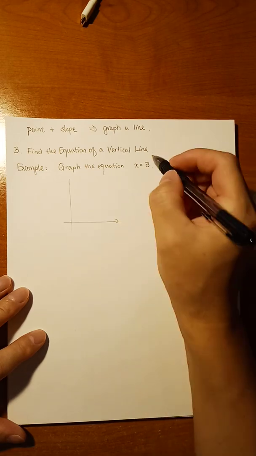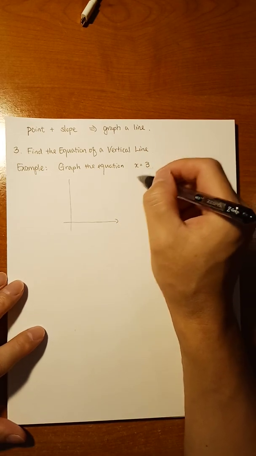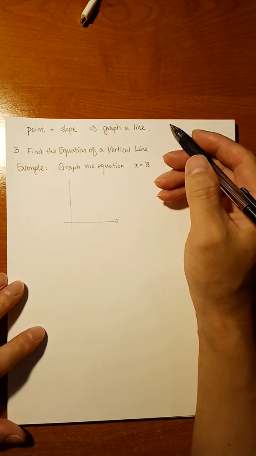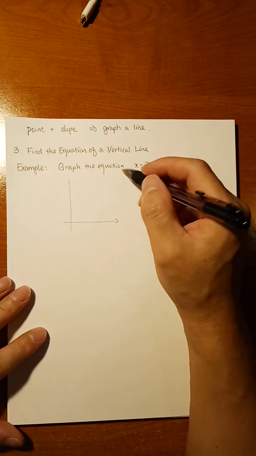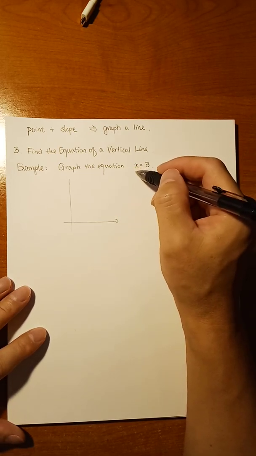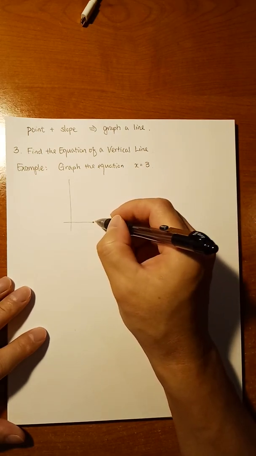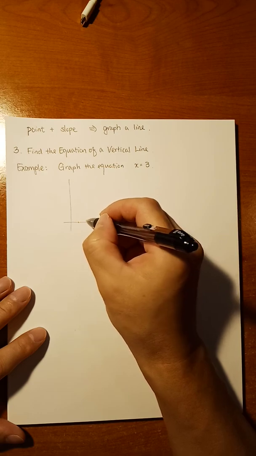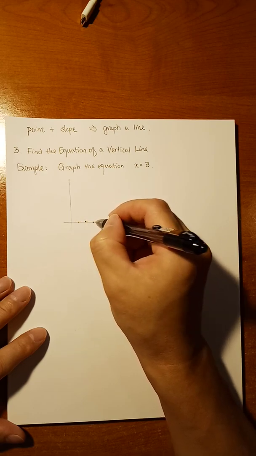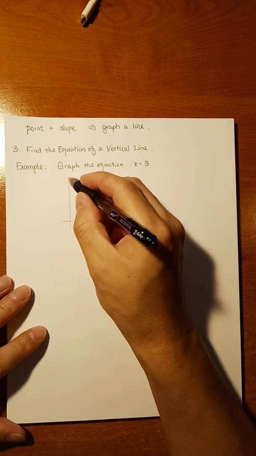X equal to 3. So if there's no y, it means y can be anything, right? For whatever y, once you let x be 3, the equation is always satisfied. So you can let y be 0, then this is on the x-axis.